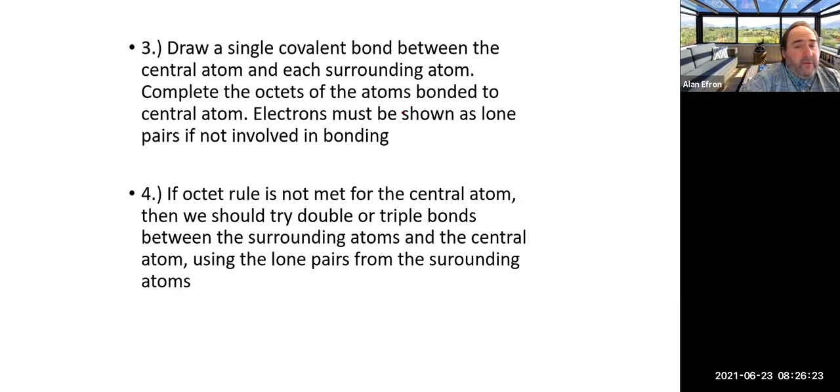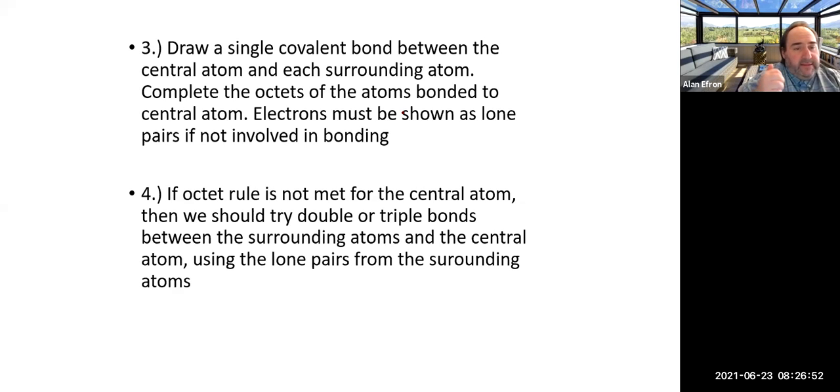All the remaining electrons that you have, once you do that, go on the outside atoms first, and they go on in pairs. So you go on the outside atoms and put them on in pairs until you fill up an outside atom with 8 electrons to complete the octet. Then you move on to the next outside atom, fill it up with 8 electrons, until you've filled up all the atoms on the outside with electrons.